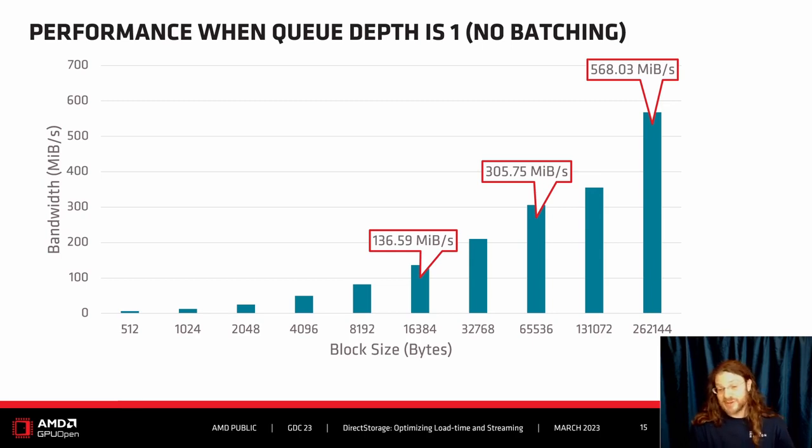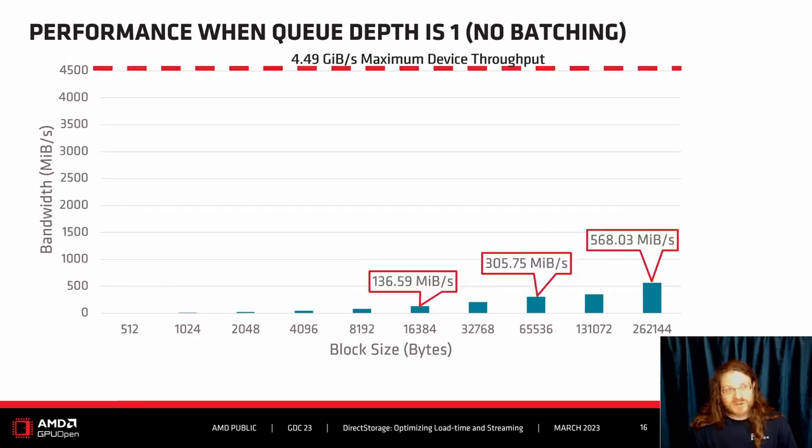As you can recall, it was able to service requests at around 4.5 gigabytes per second. So as you can see here, we're not scaling to the maximum throughput of the device, and we're not utilizing this device very well. And as you can see, as we go to the left of the chart, our throughput greatly decreases and our ability to utilize the device to its maximum throughput potential is decreased.